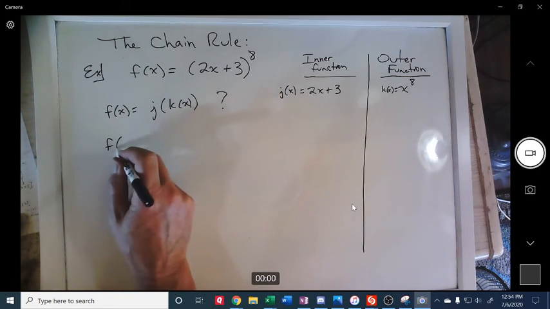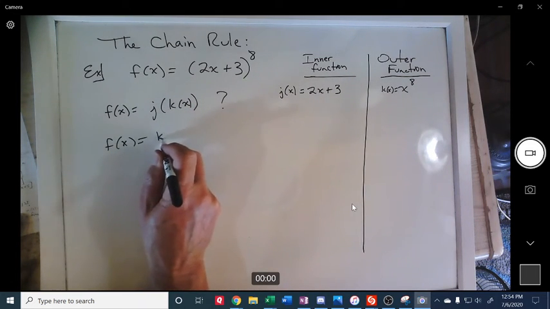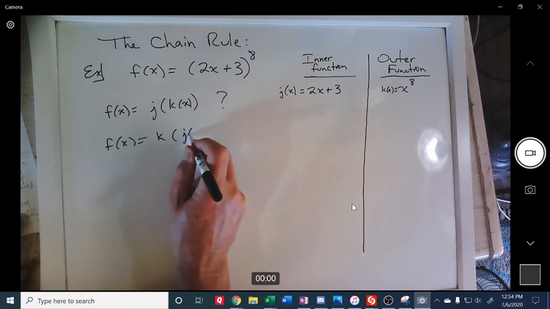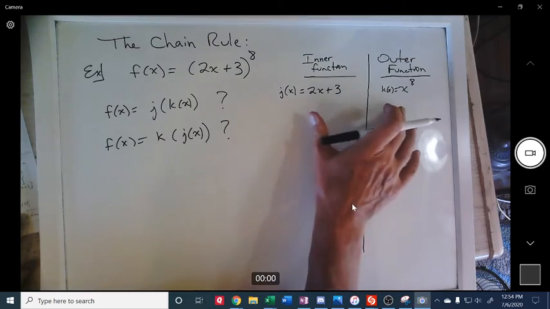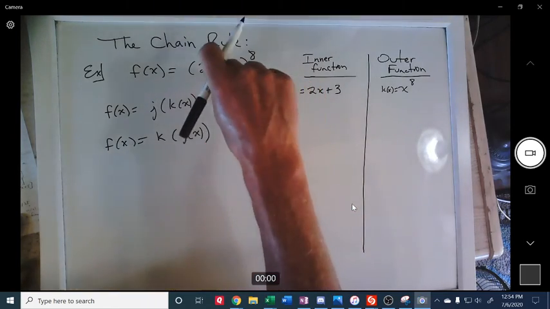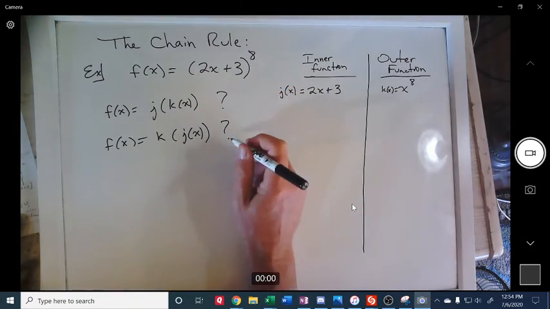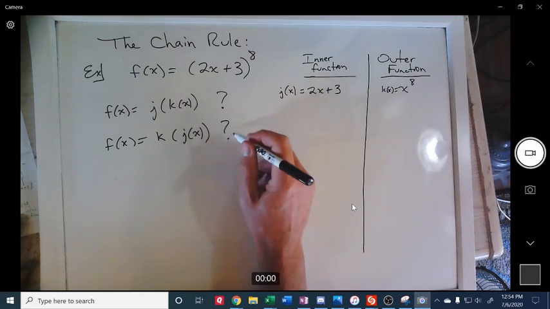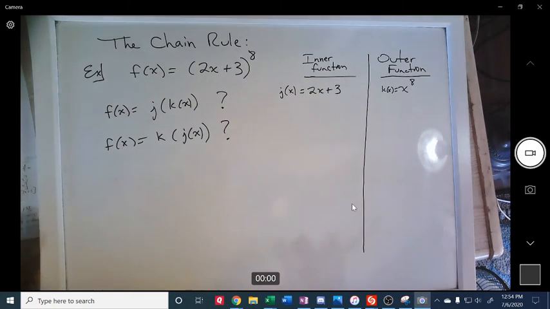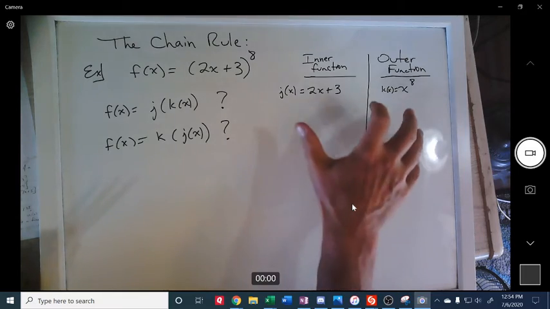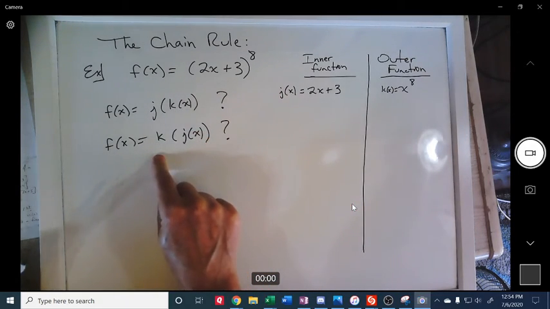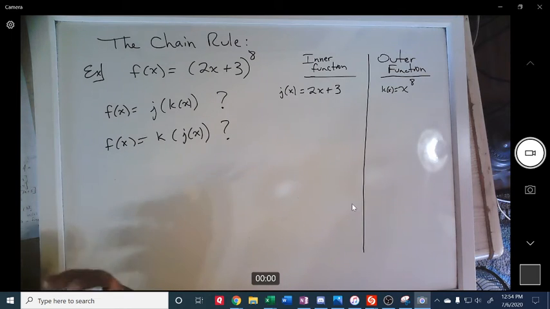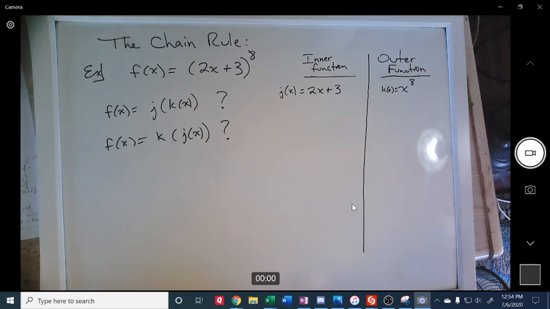Or would f of x be k of j of x? Which one of these will recover this right up here? So I'm going to give you a moment to go into your groups and see if you can become real clear which of these two would be correct and why, and I'll get with you in just a minute.